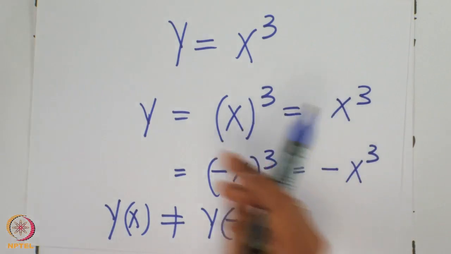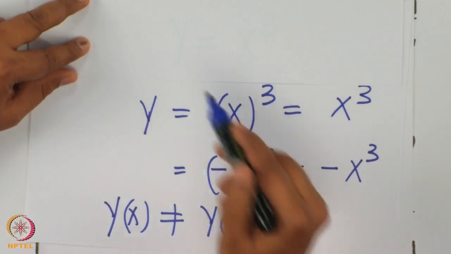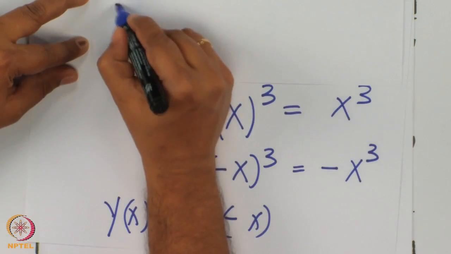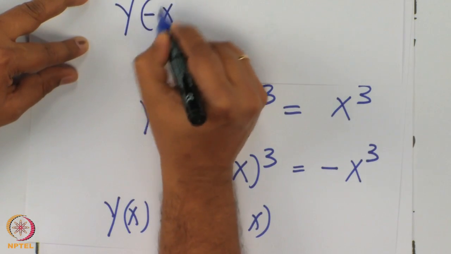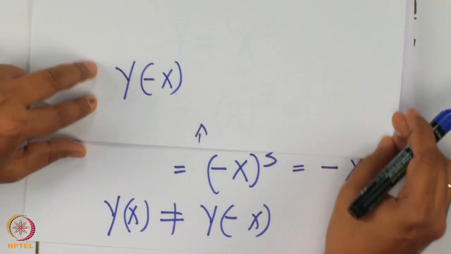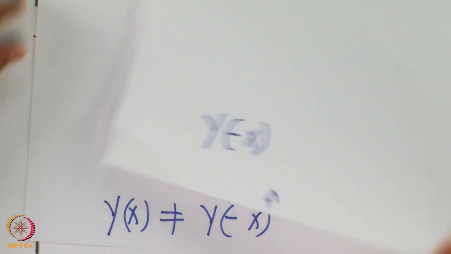I want you to write this, and let me write this a little bit carefully. What I am going to write is y of minus x. So let me write this again.